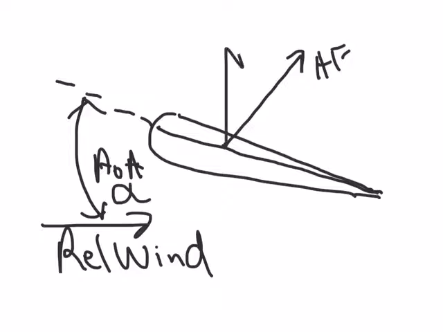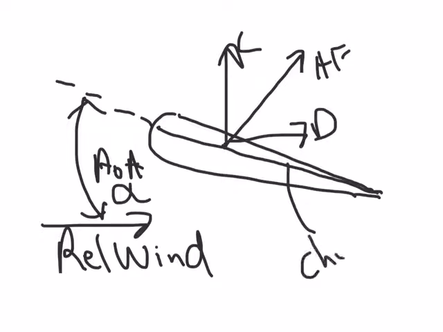And we know we can break this up into lift and drag. And this is, again, the chord line. Okay, so this is showing the depiction of how forces occur on the airfoil. So your main things: lift, drag, aerodynamic force, and angle of attack, and we'll get to center of pressure and aerodynamic center here in a moment.